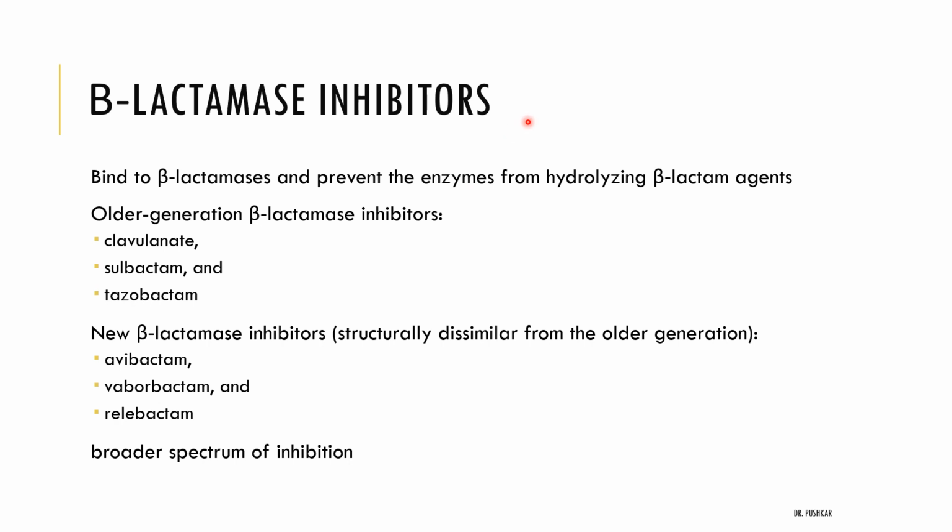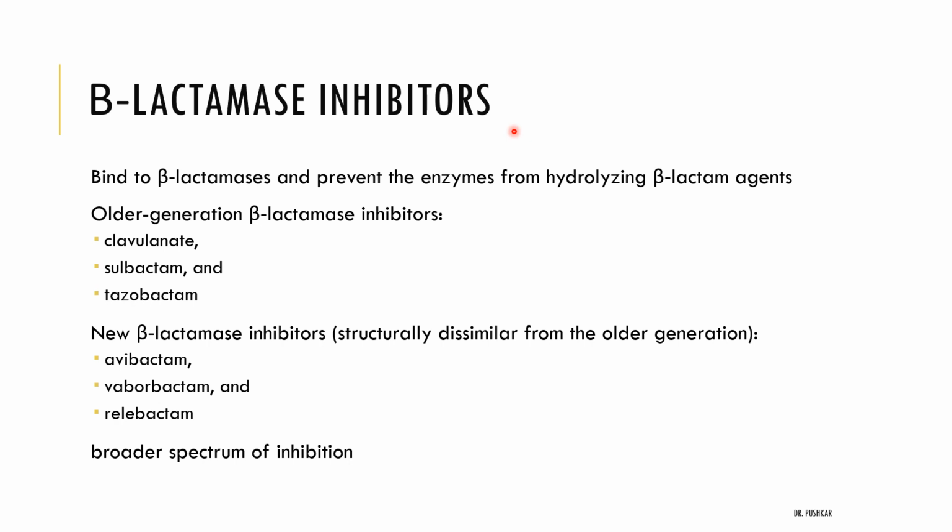Beta-lactamase inhibitors. What really happens is that we know that the major mechanism of bacterial resistance is the production of beta lactamases by these bacteria. So what we do is combine the beta-lactam antibiotics with beta-lactamase inhibitors.